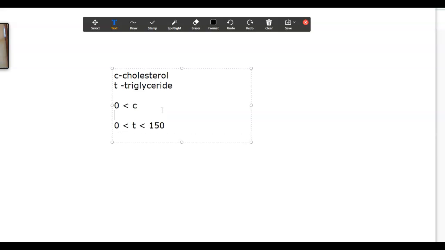That's what I did on the last problem, where I said C had to be greater than 0, but also less than 200. You could do the same for T. You could say T has to be greater than 0, but also less than 150. So you could have 2 inequalities, or you could end up with 4 inequalities. It really depends on how you graph it.